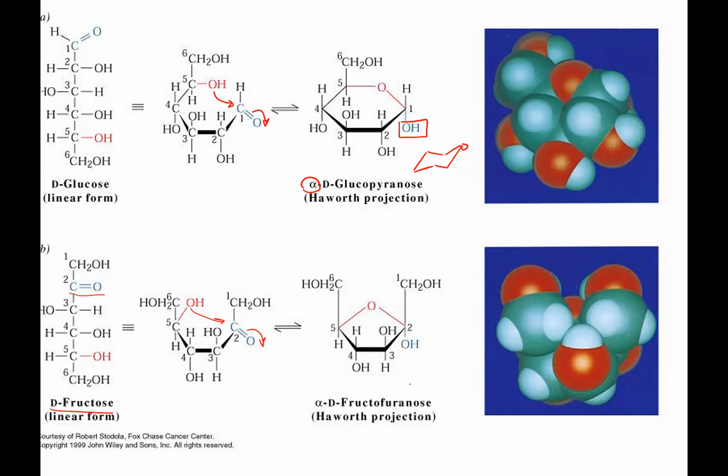And I'll show you in a moment, if you combine the glucose and the fructose, you end up with our common table sugar, which is sucrose. So you can end up with both ketoses and aldoses as molecules with these cyclic hemiacetals, or in this case a cyclic hemiketal.